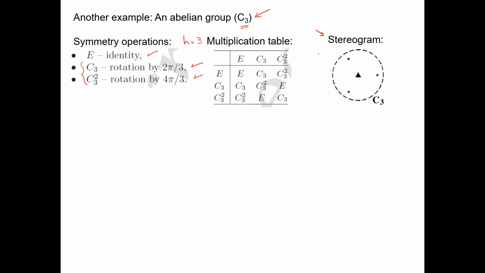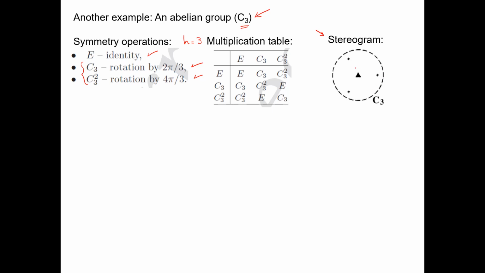I'm going to talk about them a lot in today's lecture, but just to introduce them, this is an example of a stereogram for the C3 group. You can think of it as an object, or if you will, as a molecule in which you have a sphere, and this is a projection of points that are on the surface of the sphere.